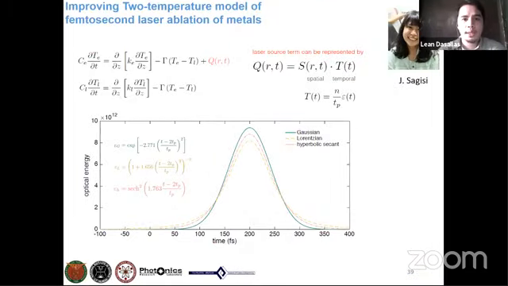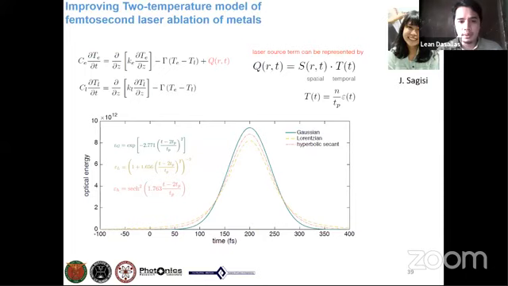On the last part, we are interested in further improving the temperature model. And in this case, we are curious what will happen if we modify the laser source term. In all of the computational research done in modeling ablation of metal, they always assume a Gaussian intensity profile of the laser source term.